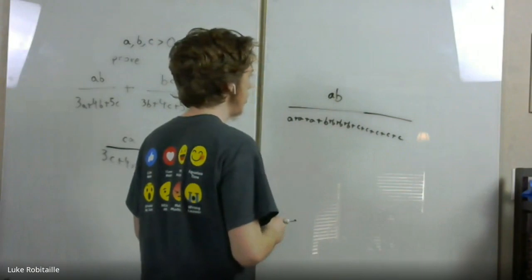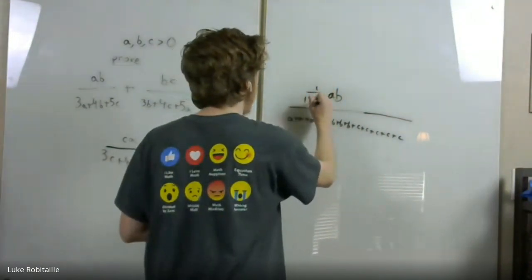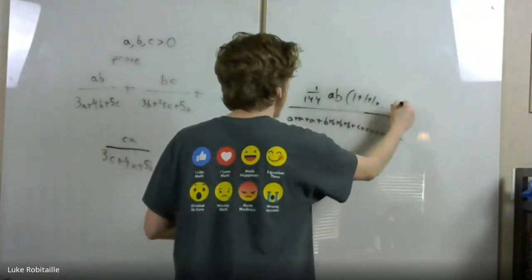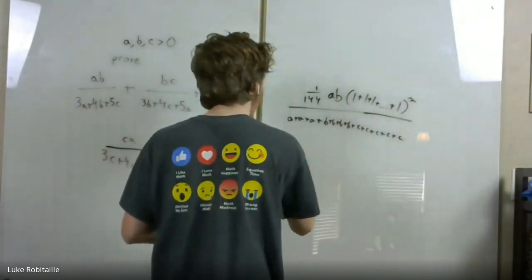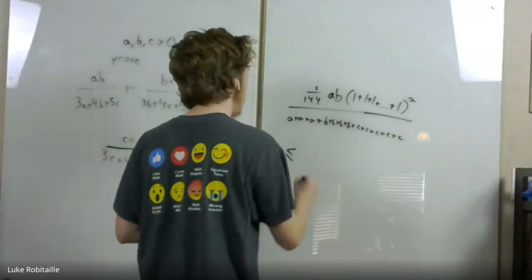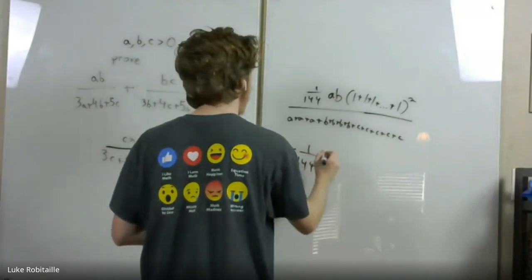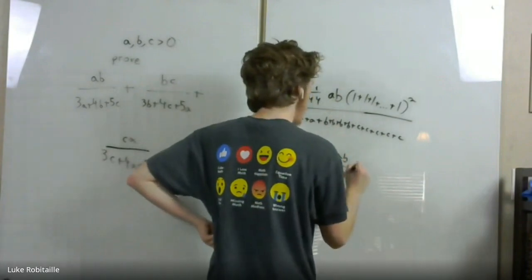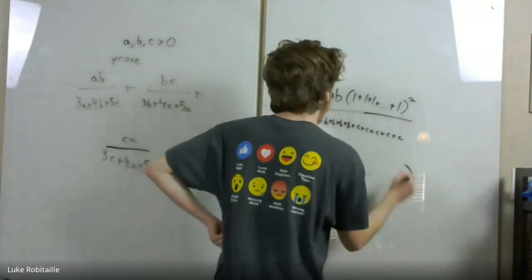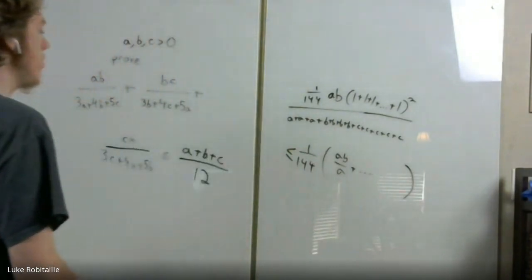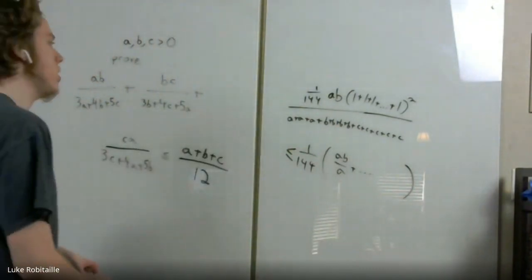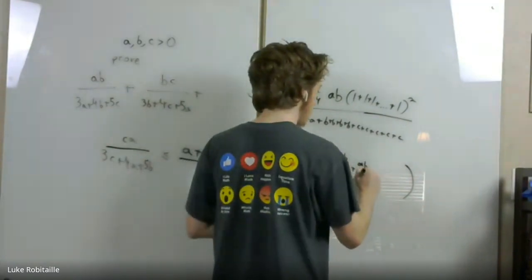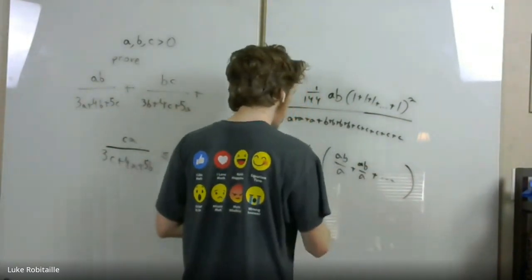I'll look at this as 1 over 144 times a bunch of 1s, squared. You could say this is less than or equal to 1 over 144 times AB, 3 of these, etc. But if you try to apply T2 in this naive way, you would eventually end up with some term of this form.